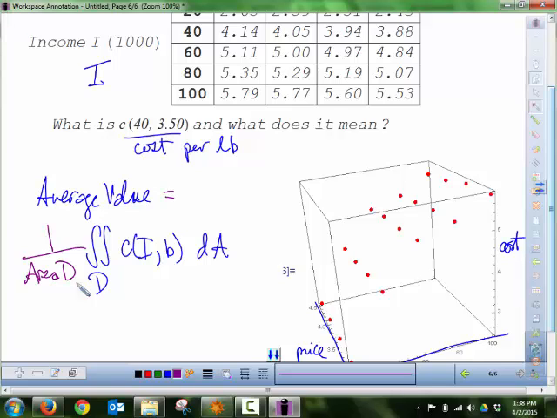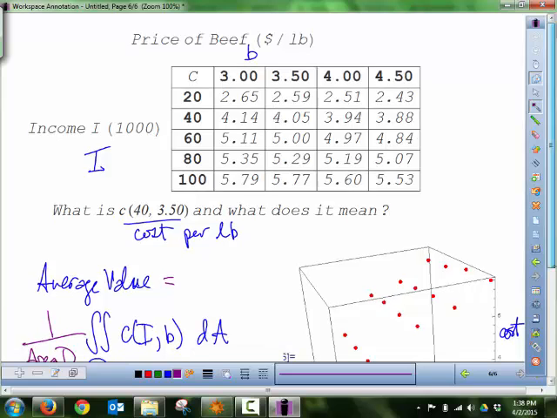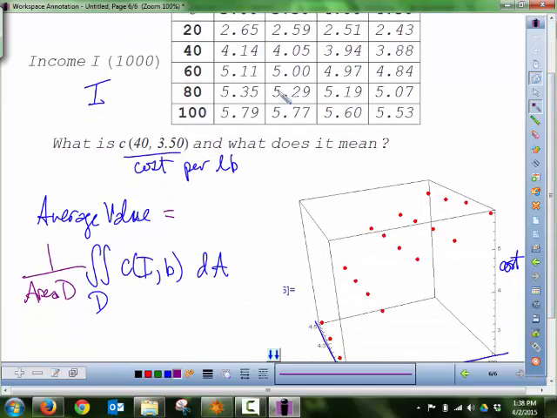Does that make sense? I don't think I was supposed to talk about average values until a couple of sections from now. But I kind of wanted to make a point about why we would bother integrating over this thing. We would want to integrate over this so we can find the average value of the beef as your income and the price of the beef changes.